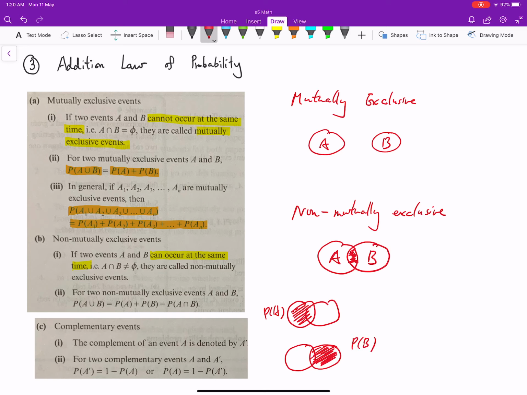If this is P(A union B), then you have all of them. And here we have P(A intersect B), which is this part. So in this situation, you can imagine P(A) plus P(B).